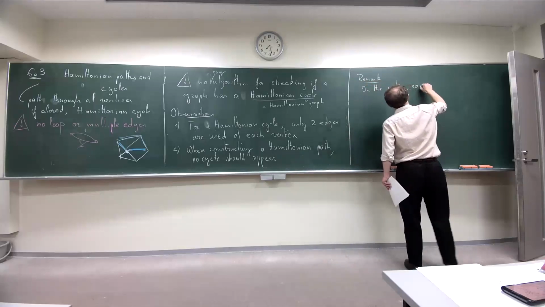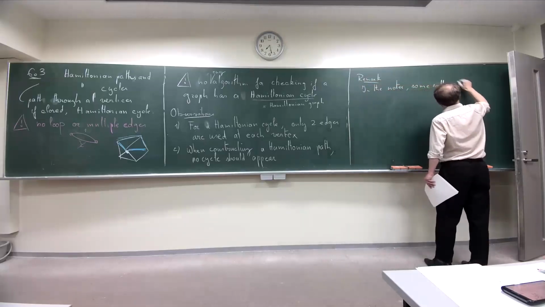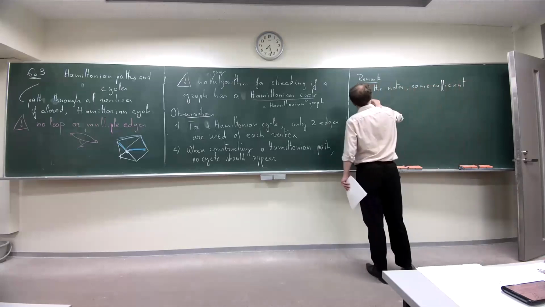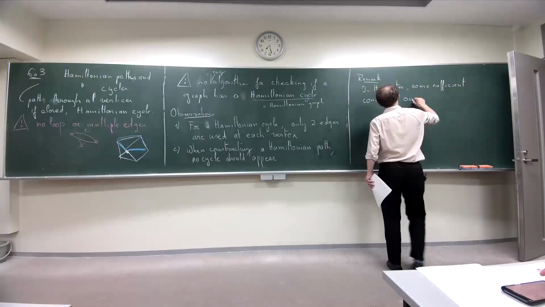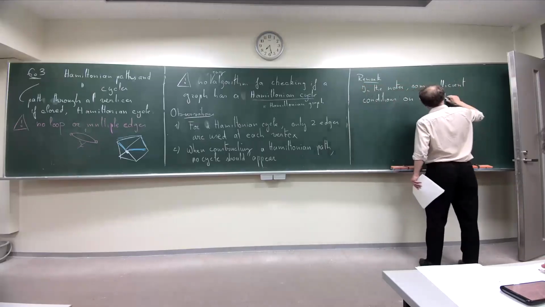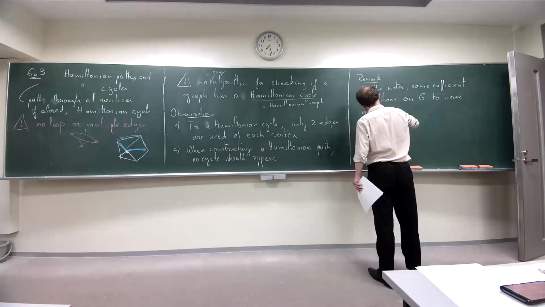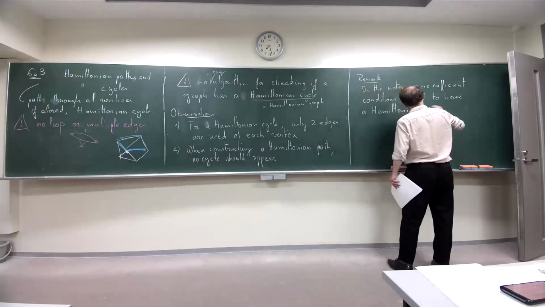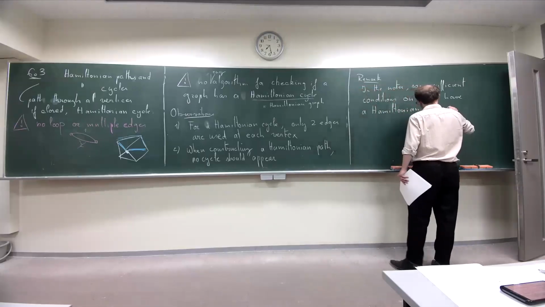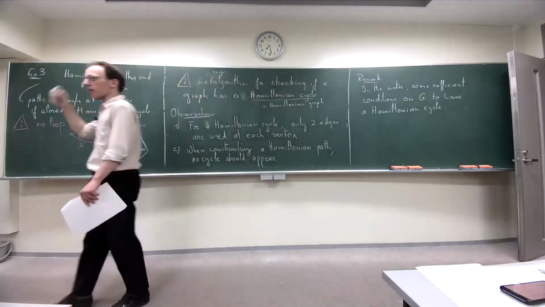I gave some sufficient condition on G to have a Hamiltonian cycle. But why these conditions are not very nice? Please look at these conditions.